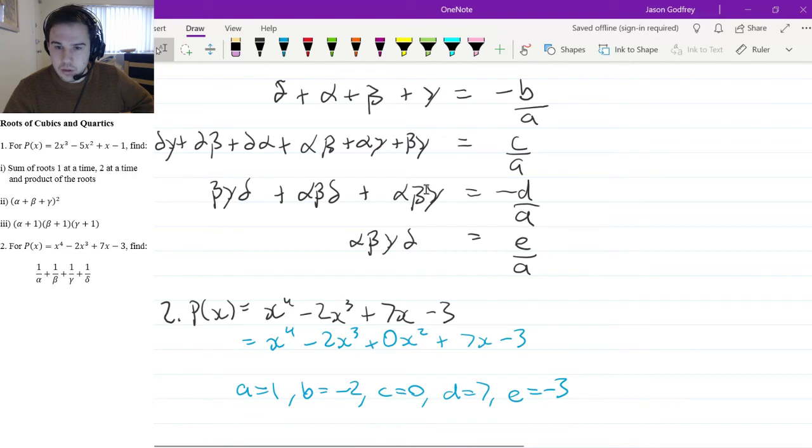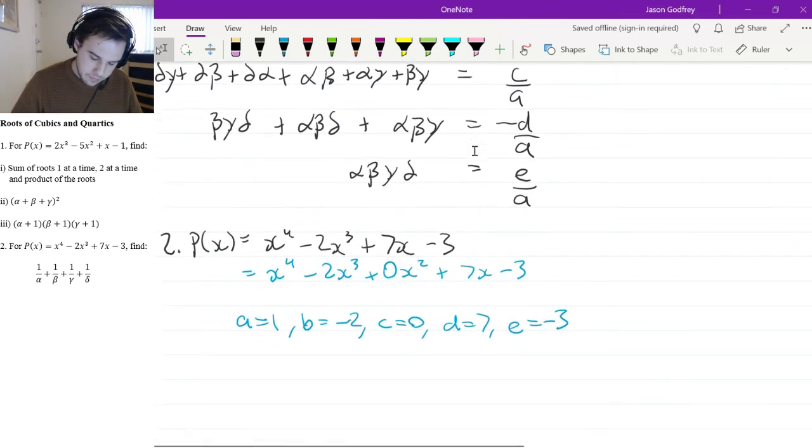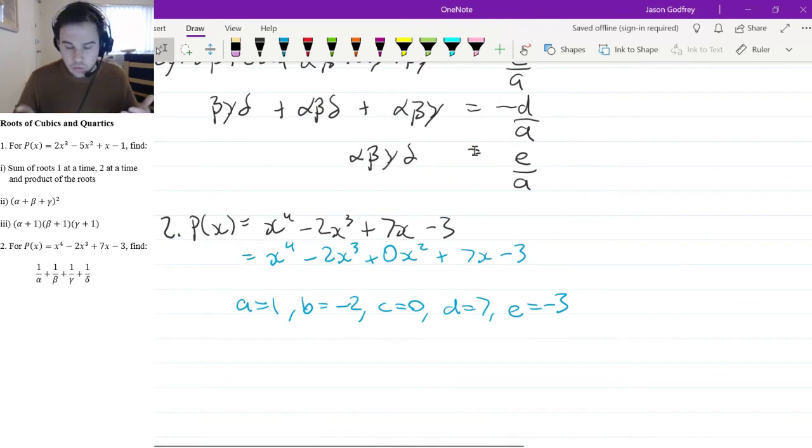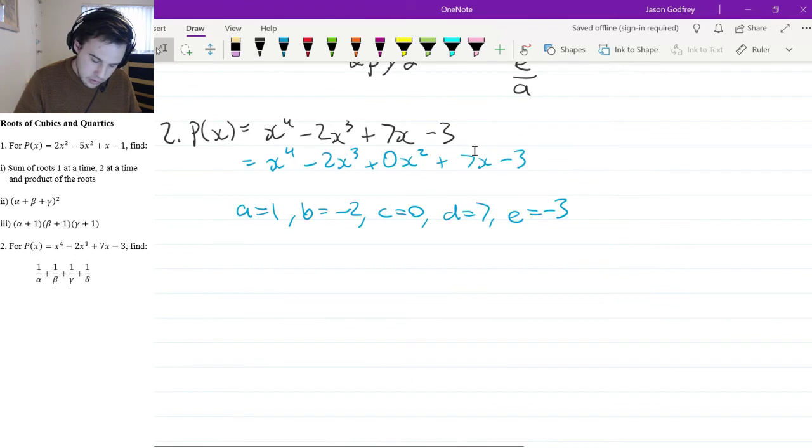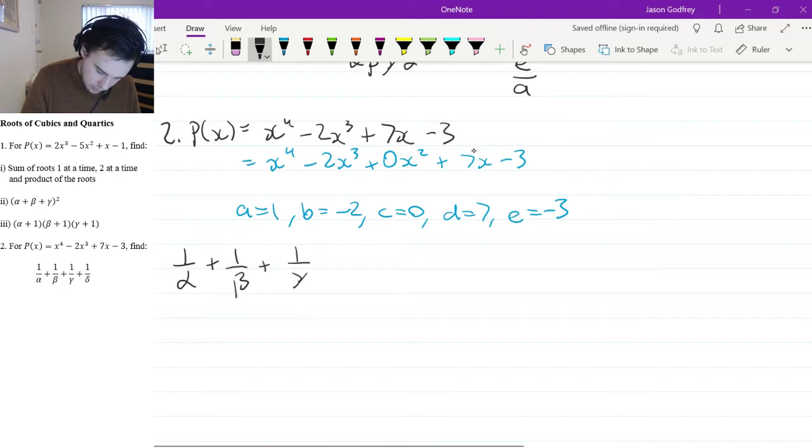So what we might do is just manipulate the expression first, the fractions, and then see which ones we actually need to use, and then just find those rather than all 4 of them. Or if you want to, you can just find all 4 of them. But I'm going to try and be a bit more efficient, so I'm just going to fiddle with this equation and then see which ones I need to find.